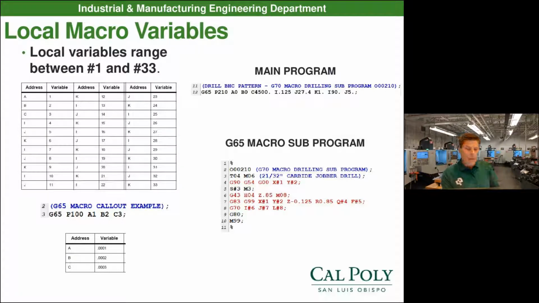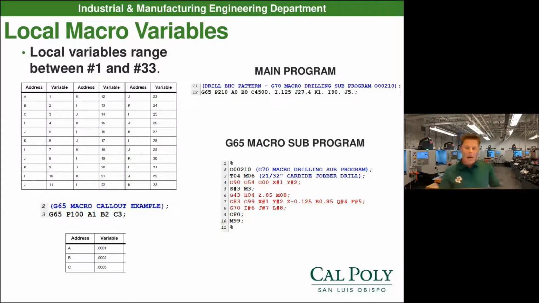So if I want to be able to address that macro sub-program that's in the control with a G65 callout, I can simply call out G65, the program number, P210, then A, B, C, I, J, K, I, J. So basically these variables back here will be sent to the appropriate register based on what's in the G65 callout. For example, variable 1's A, variable 2's B, variable 3 is C. Then it just repeats IJK all the way through.